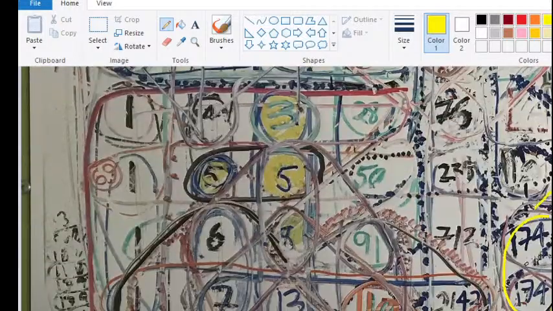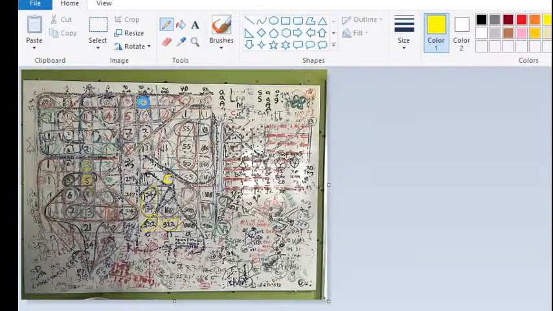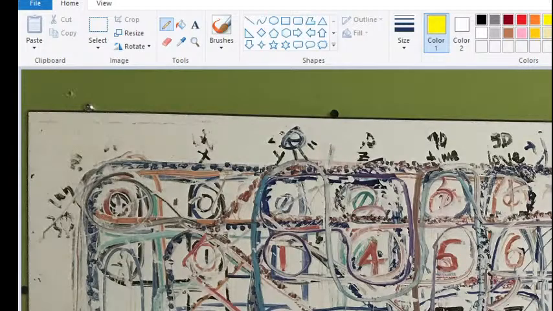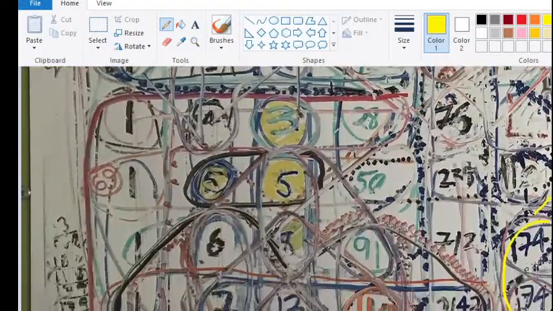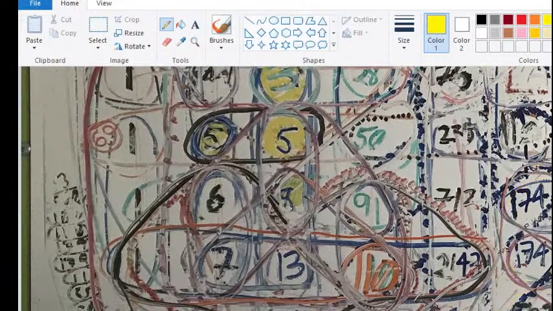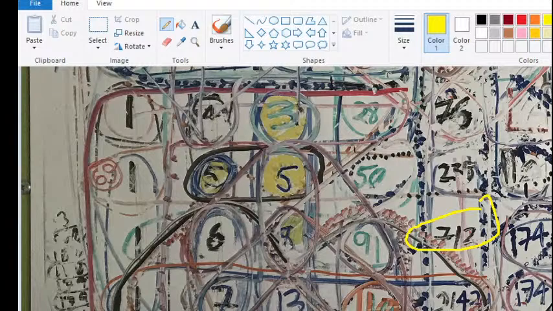Yeah, the 7-12 thing. Okay, let's do that. Resize. Let's go another. Anyway, let's just look here. So the 7-12 is in the middle of a 1x5, from the center to the bottom, okay?